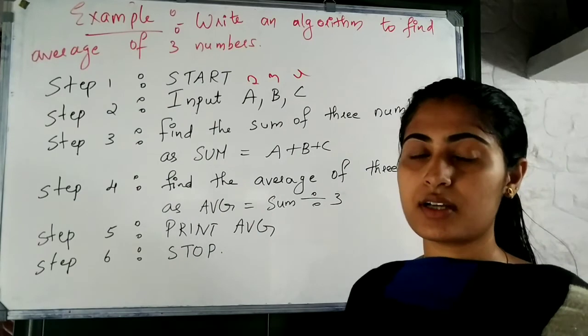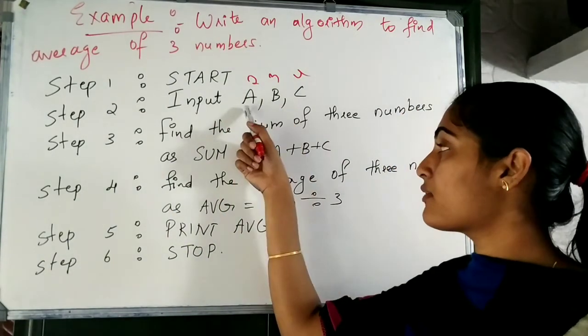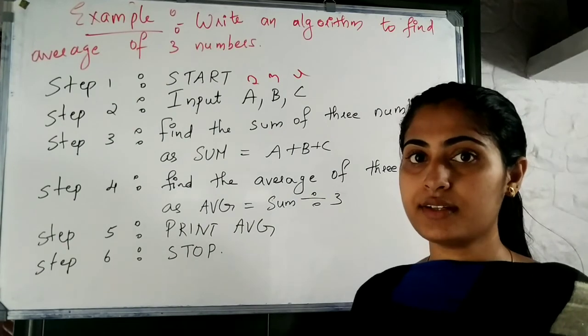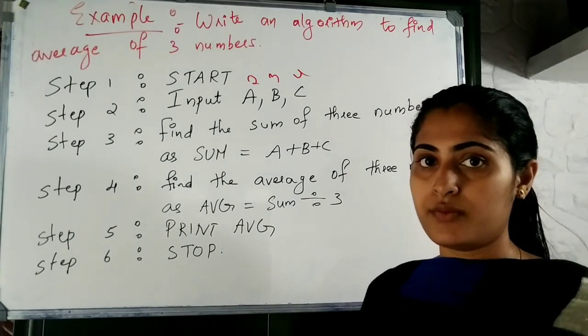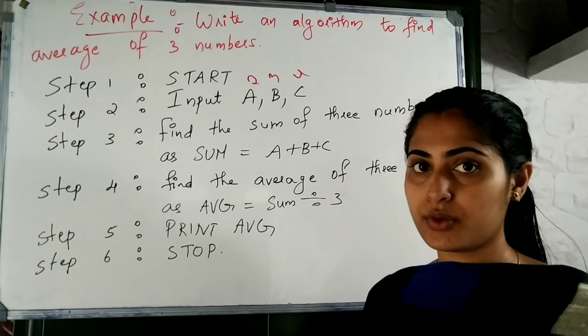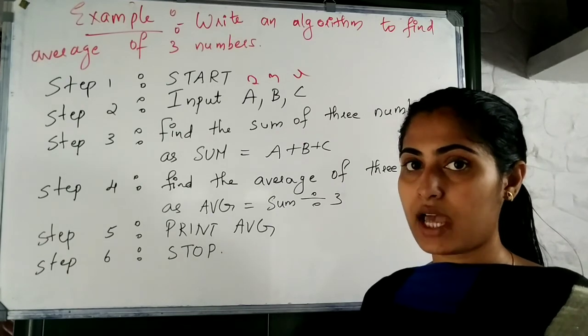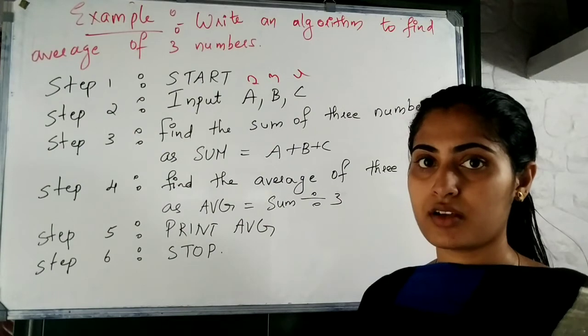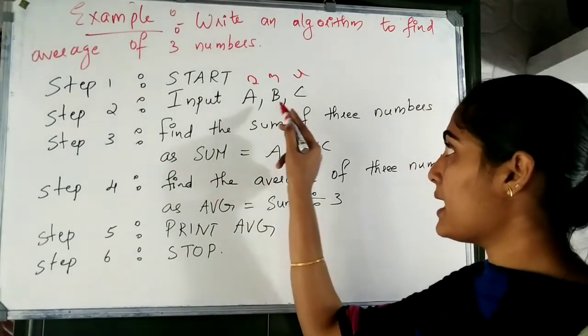So instead of the numbers 2, 3, 4, I have written A, B, C. And for inputting something into the algorithm, you should use the word input. So the second step is input A, B, C.